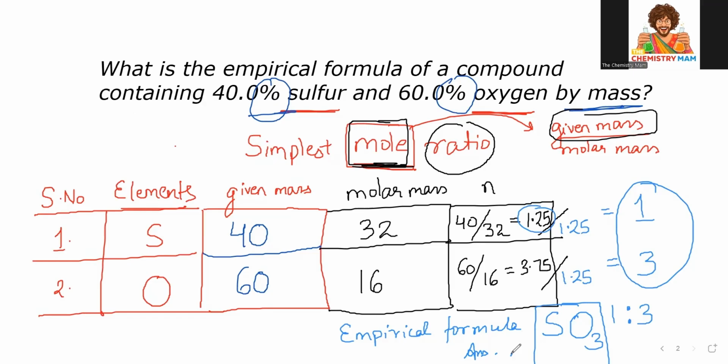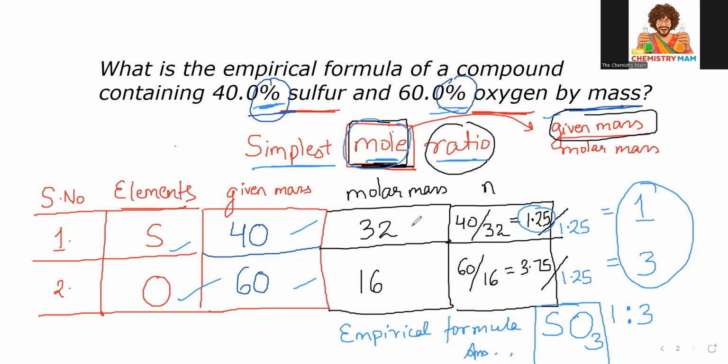So what is empirical formula? A quick recap. It is the simplest mole ratio. So always remember that you have to find the moles of the constituent elements. So the elements were sulfur and oxygen. For calculating moles, you need given masses. So masses were not directly given to me. I took the percentages as given masses.